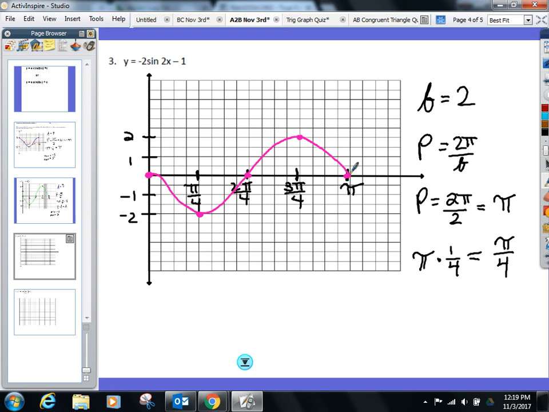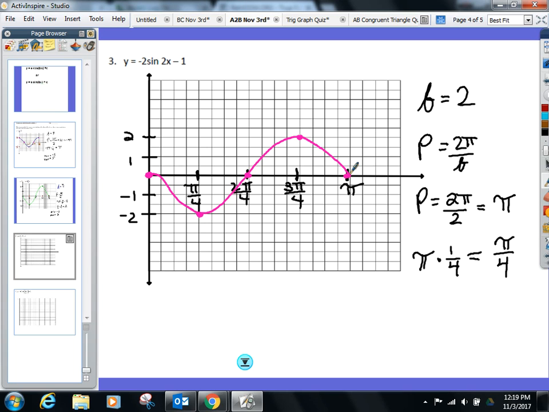Take a look at the one I have up there and just make sure we match before we shift this. Remember, it starts going downhill because of the negative. So it reverses everything. Zeros still stay zeros.